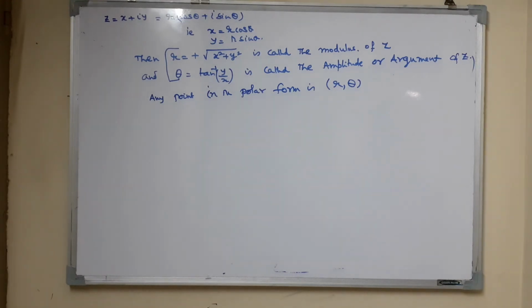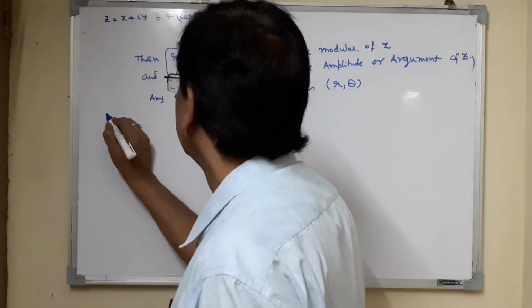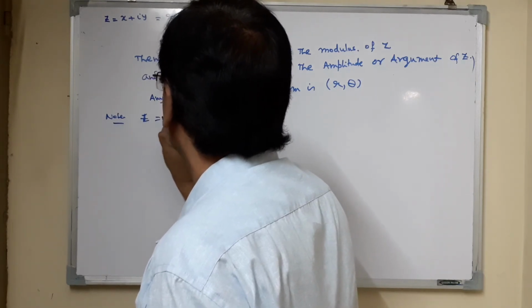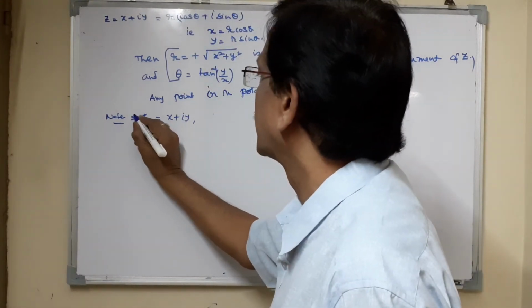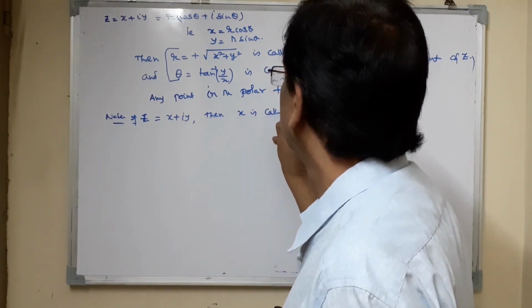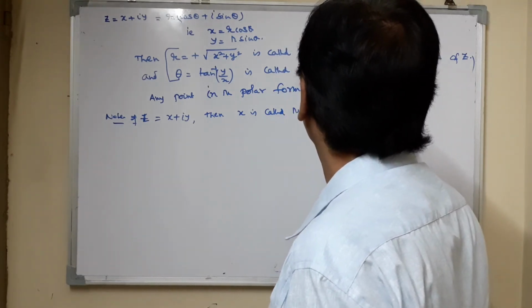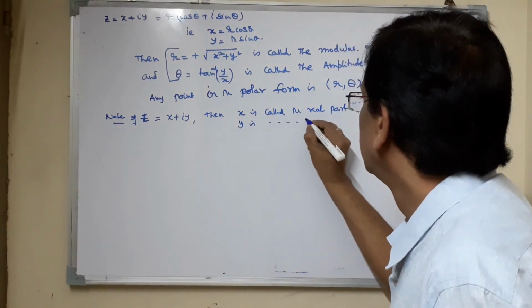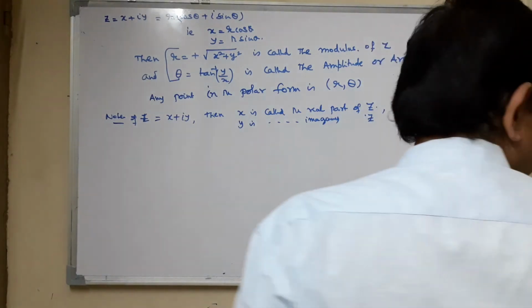Before that, let me write down a note. z equal to x plus iy. If z equal to x plus iy, then x is called the real part of z and y is called the imaginary part of z.